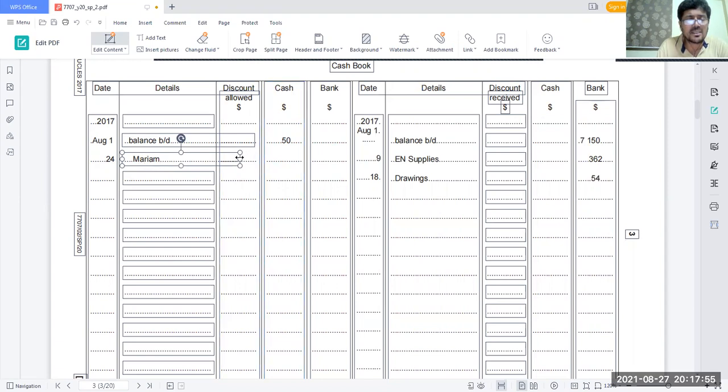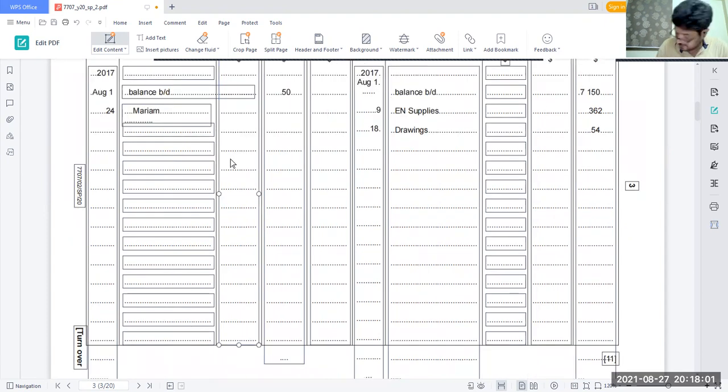Now, in this case, she got a discount out of 520. So now 520 multiplied by 2.5%, discount is $13 and the amount is 507. It's going to be deposited in bank, 507. Okay. Next is paid 400 by check, including 365 for new office equipment, and the balance was for repairs to existing office equipment.